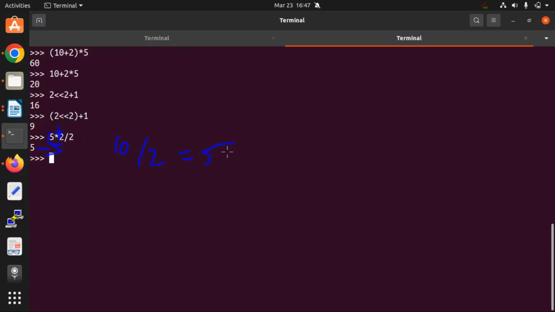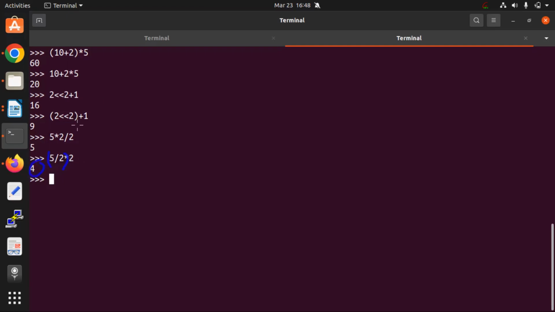Right? So let's see if you get an answer of 5. So if the same thing, if I do 5 divided by 2 and then into 2. Fine. So now 5 divided by 2 is 2.5, 2.5 into 2 is 5 again. But because this is a Python 2 terminal, 2.5 becomes 2 because they are both integers. 2 into 2 it becomes 4.